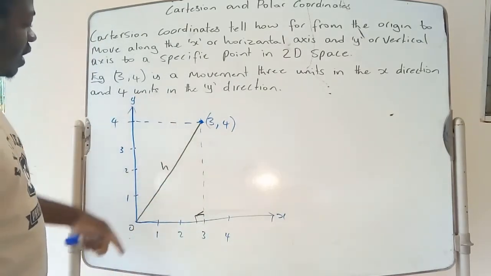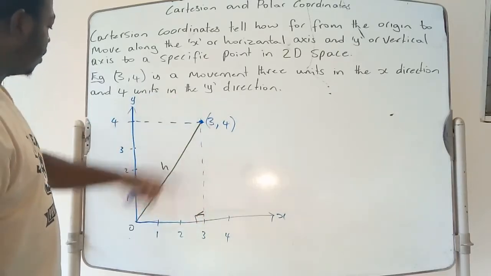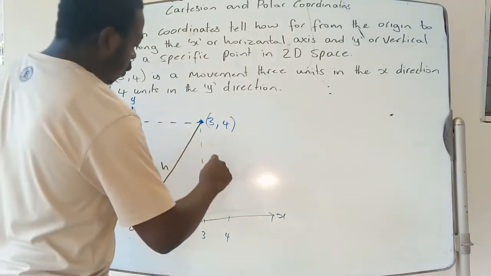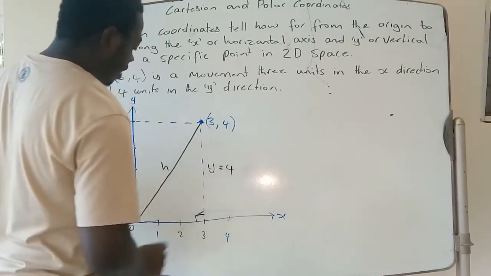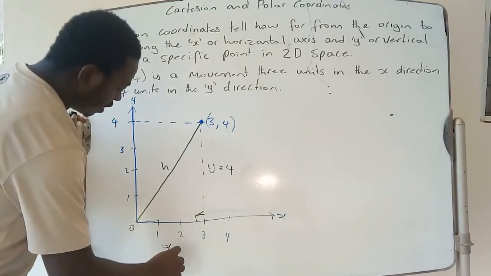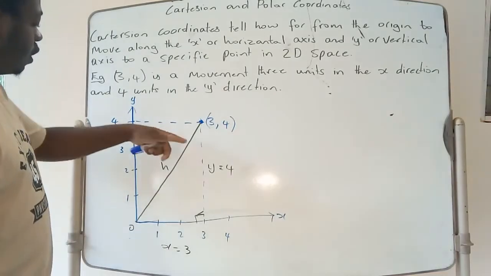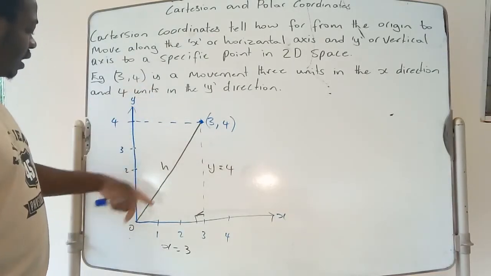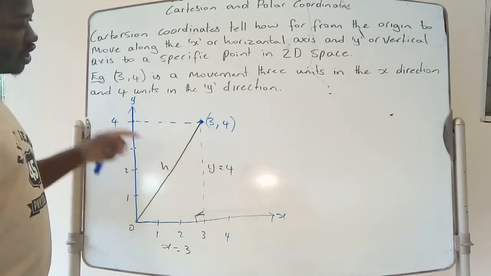So what this is saying here is that the y, the height here, is y equals 4. And this is saying that x, the horizontal movement, is equal to 3. Right? Now, let's say we want to determine the length of this line, which is h.